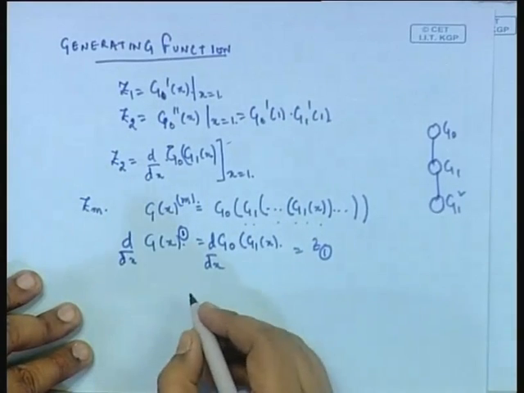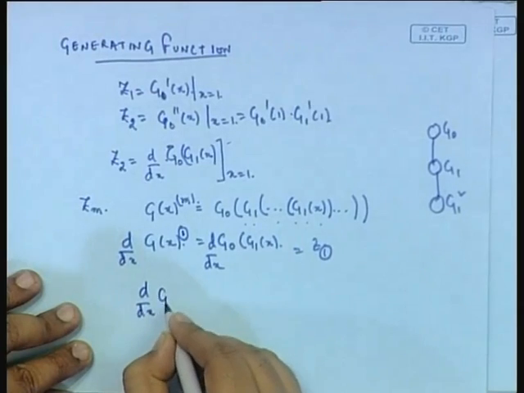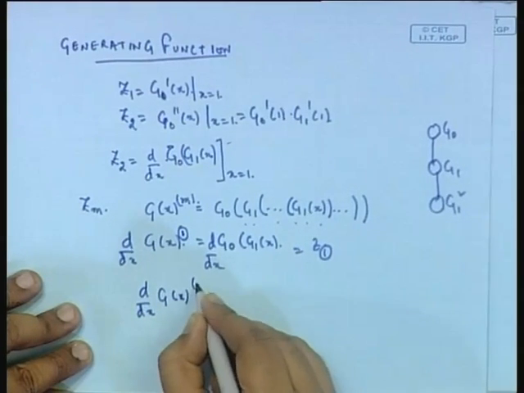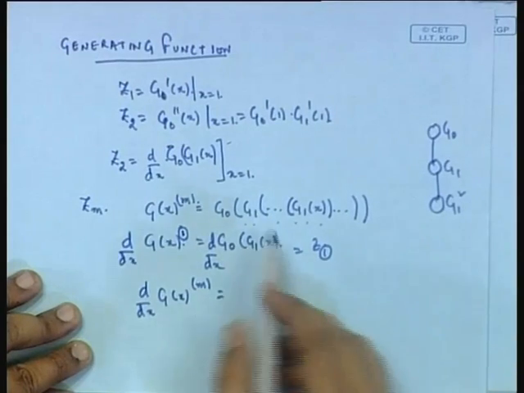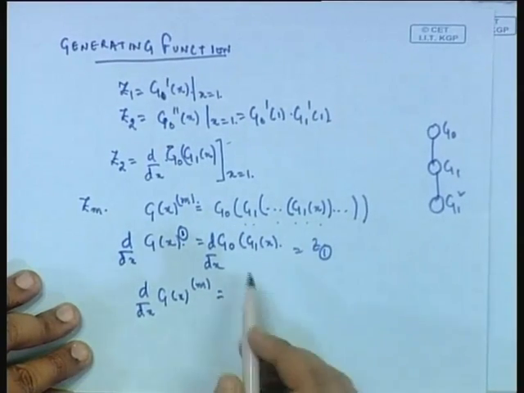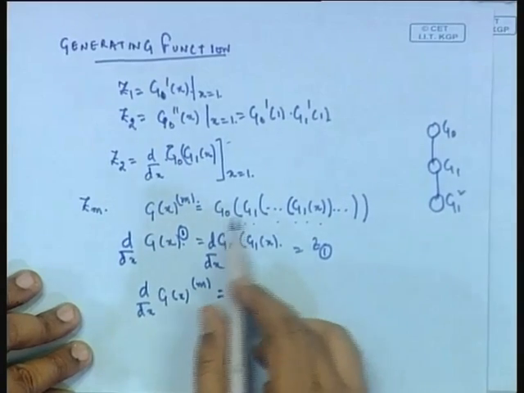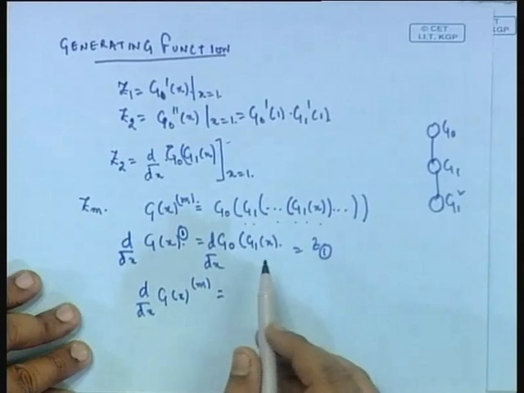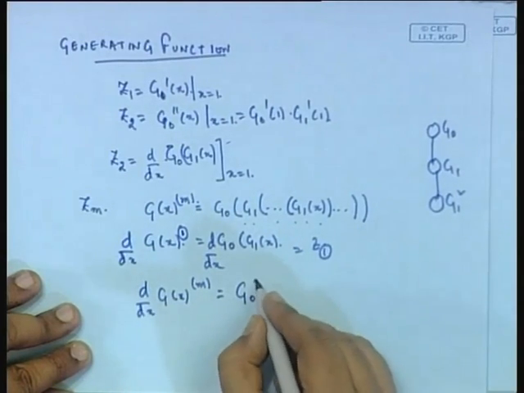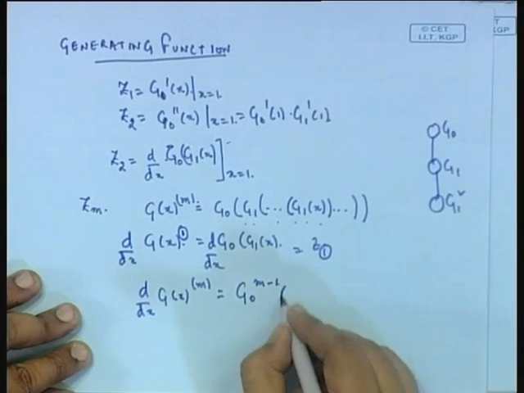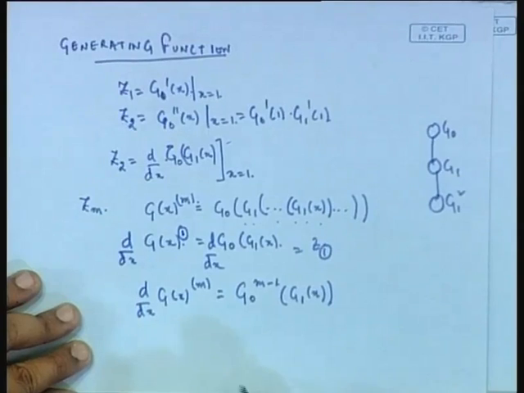Therefore, if I do d dx of G x to the power m, that would basically reduce the power by 1, and that would give us G0, m minus 1, G1 x.